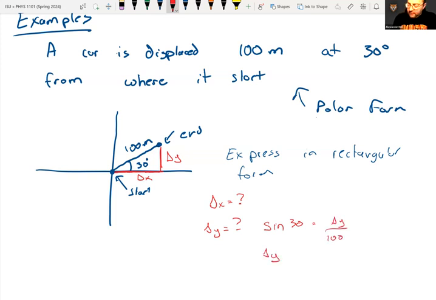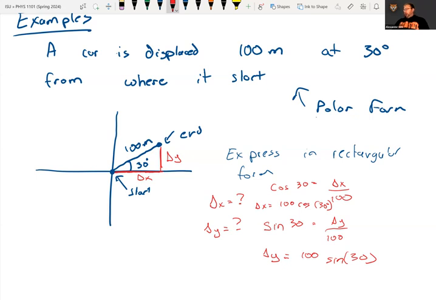And then delta y is going to be equal to 100 sine of 30. Now, cosine of 30 is going to be equal to the adjacent over the hypotenuse. That's delta x over 100. So delta x is going to be 100 cosine of 30. Okay, so that is how you convert between polar and rectangular form.